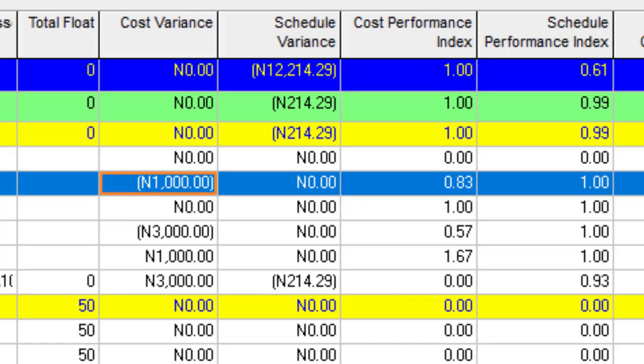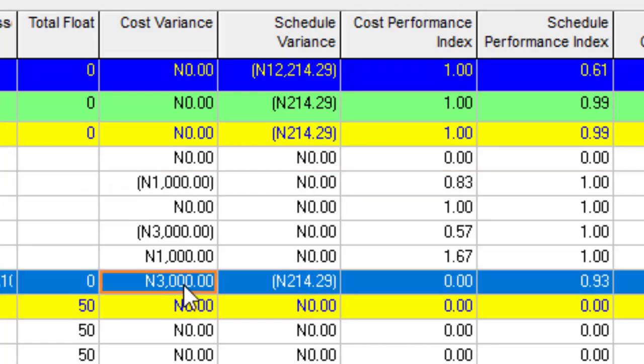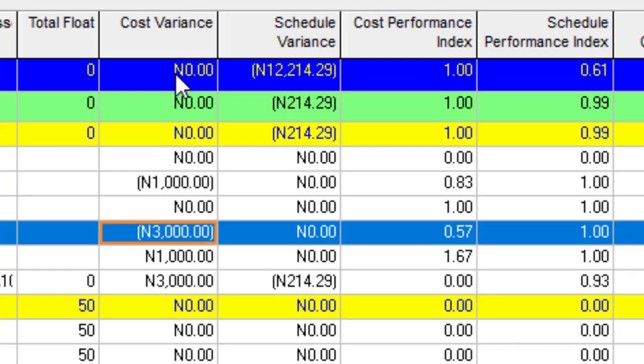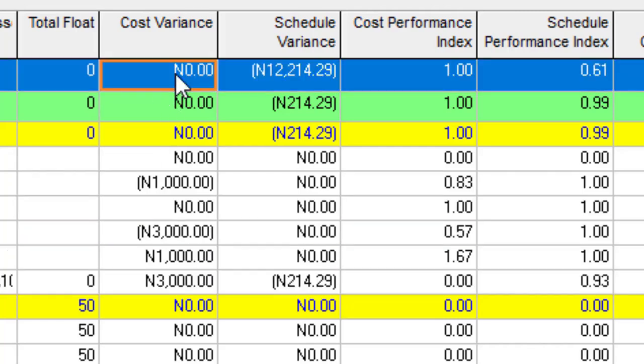And then the design approval is under budget by 3,000, so it also cancels this other 3,000. So that's why you're seeing 0 as the cost variance, because we have about 4,000 over budget as well as 4,000 under budget. It therefore simply means that our cost variance in total for this project is simply 0.